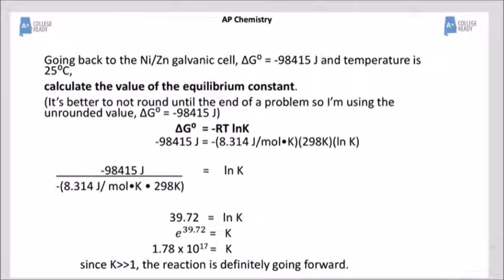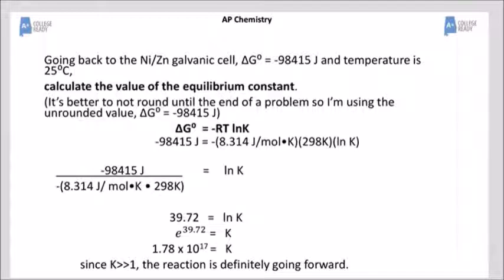So I wanted to specifically go through this math, because you may not have used that. You may not be in the math yet where you have to use the natural log. So, I've divided RT to the other side. Once I do that math, I get the value of 39.72 equals ln K. If you look at your calculator, you'll notice right above the ln button is e to the x.